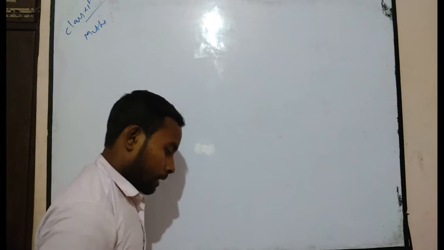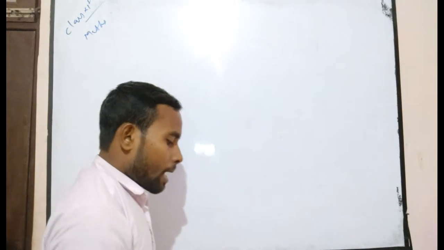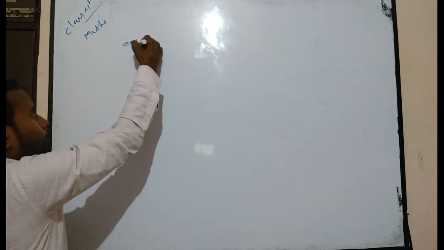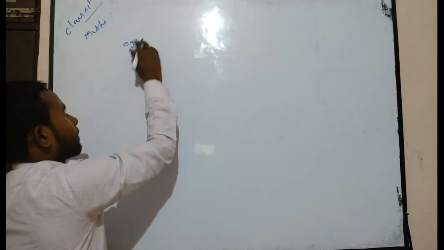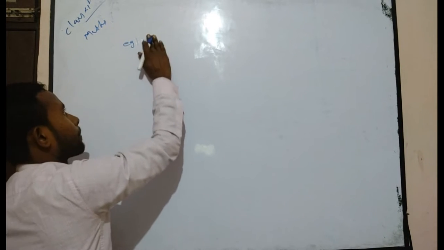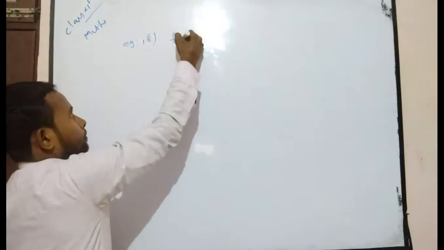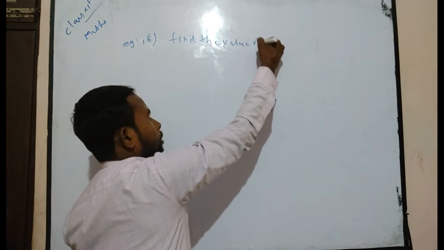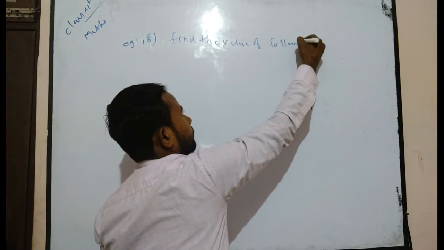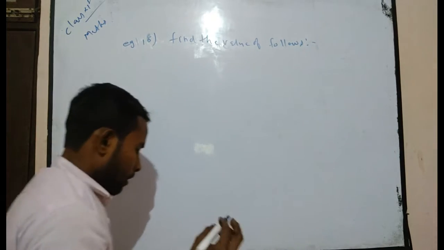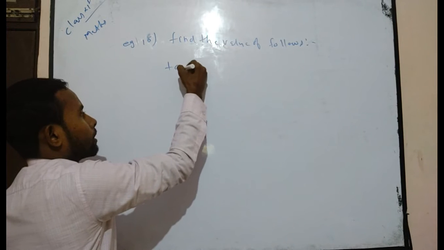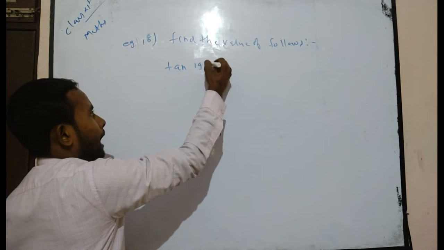In the next example, it is given: find the value of the following. In this problem, example 15, find the value of tan 19 pi by 3.